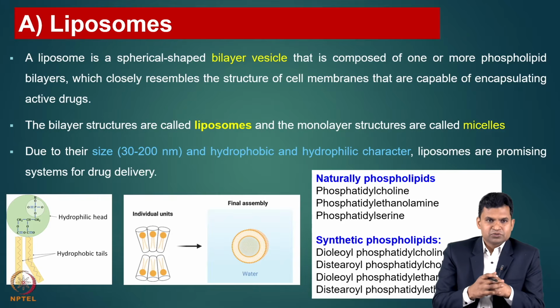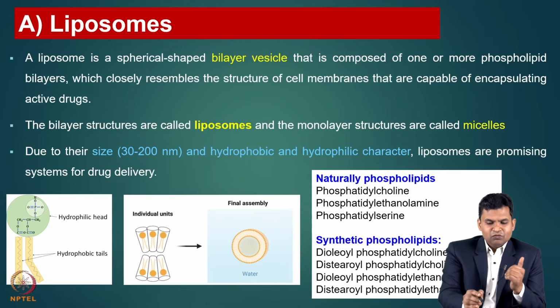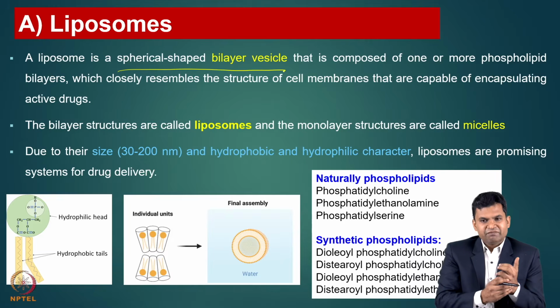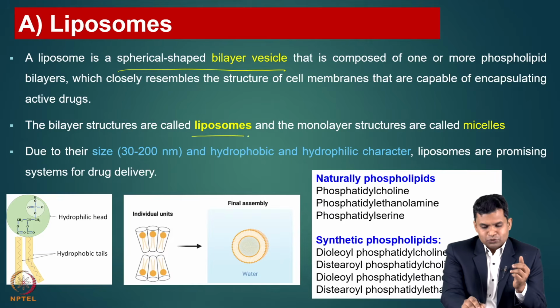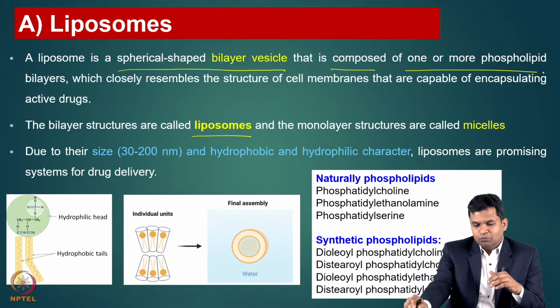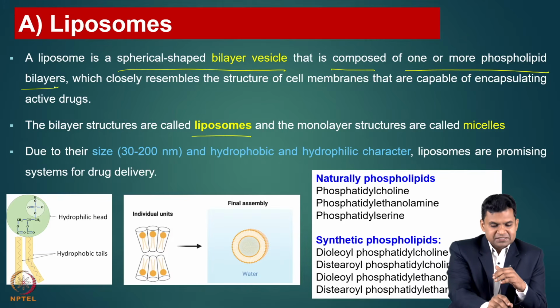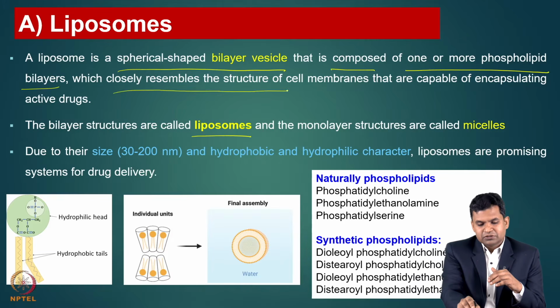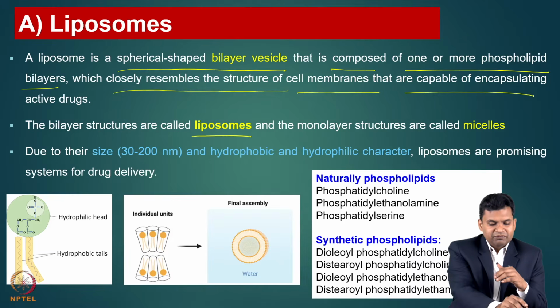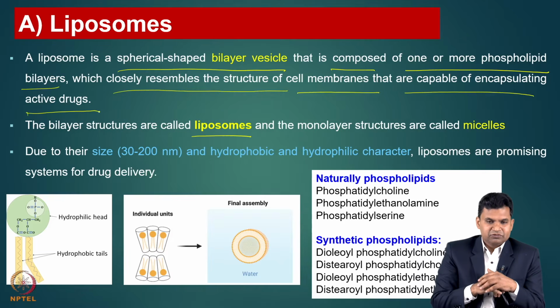Liposomes are made up of lipids. These lipids form spherical shaped bilayer vesicles, composed of one or more phospholipid bilayers which closely resemble the structure of cell membranes and are capable of encapsulating active drugs.